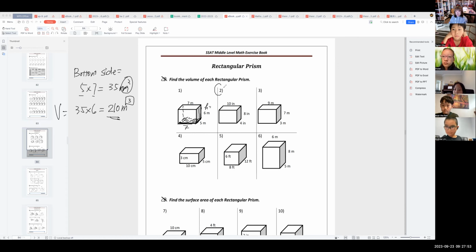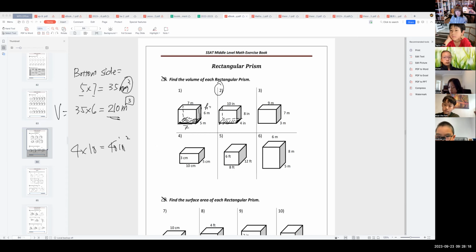Okay, so let's take a look at the second one. So the bottom area of this box, Taylor, can you tell me what is this? What is the bottom area? 4. No, the bottom area is 4 times 10. It's always the width times length. So 4 times 10 equals 40 inches squared. Understand?